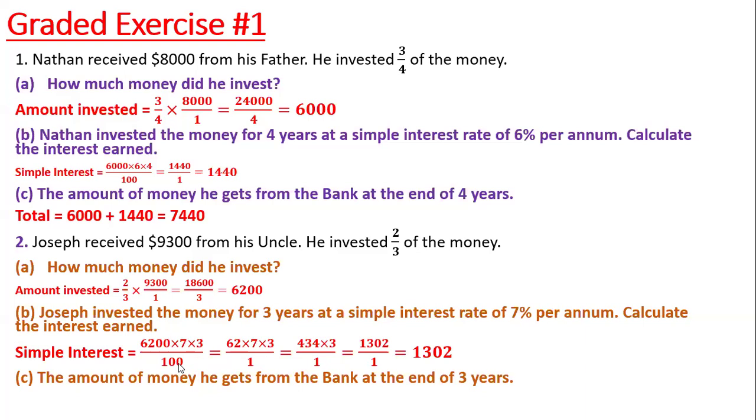I got 130,200. Good. And then you cancel the zeros. That leaves you with 1,302. Excellent. Did anyone else get 1,302? Yes, I did. Excellent.